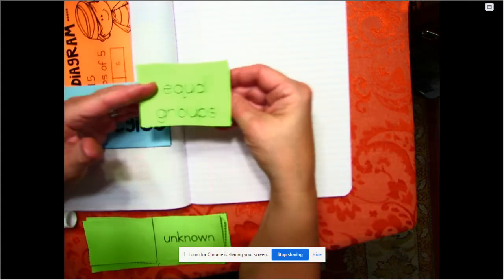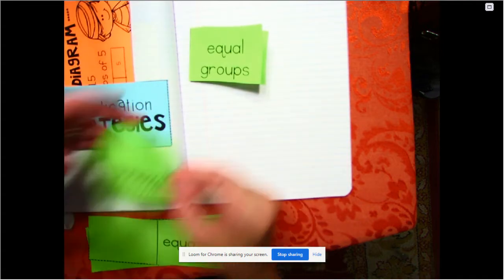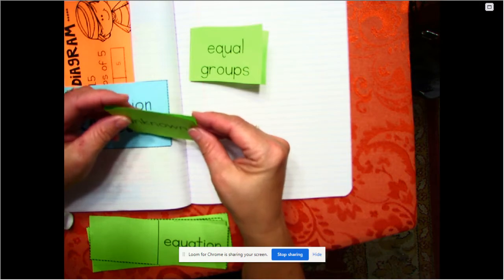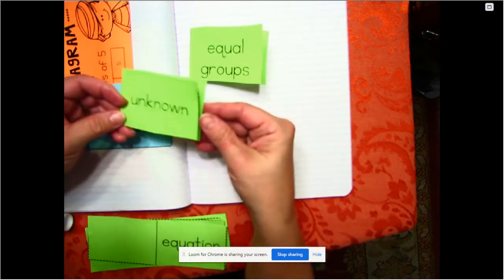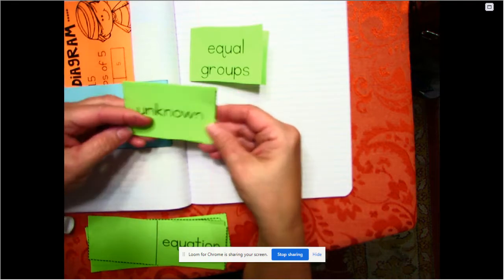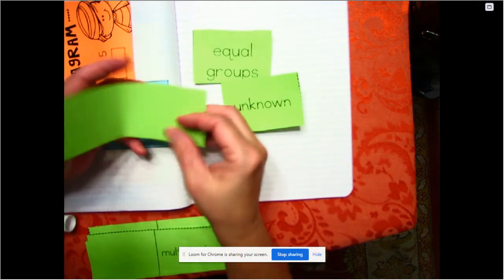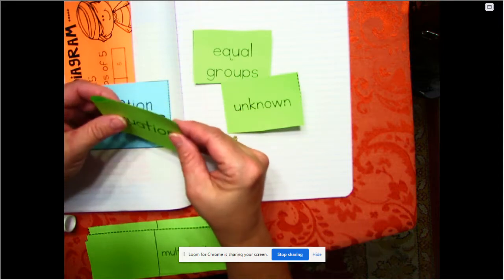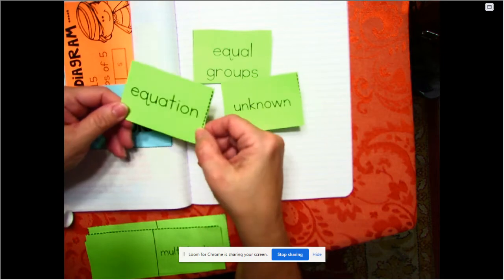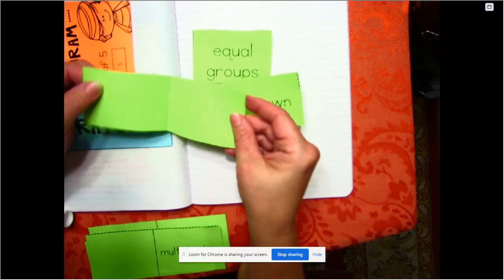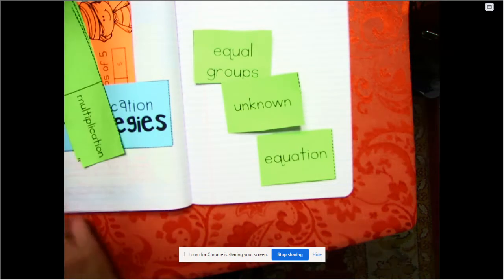Open it up, close it up, okay? Then we're going to get the unknown. We're going to fold that the same way, and crease that so that we can open it up like a book. And equation. Fold it in half like that. Open it up. Okay. We'll put these to the side so we can get those on the next page.